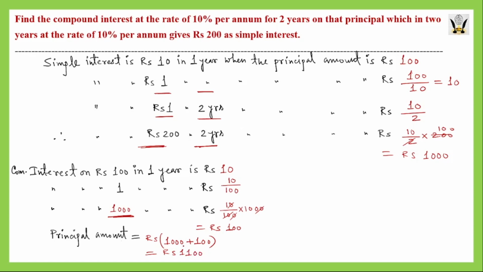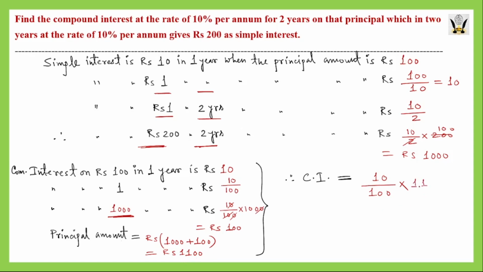Now we are finding the total compound interest after 2 years. Since I don't have much space here, I will calculate that in short and will not write the full sentence. So what will be the calculation? The rate of interest, which is the same, that is 10, divided by 100, multiplied by the principal amount, which is 1100 this time.